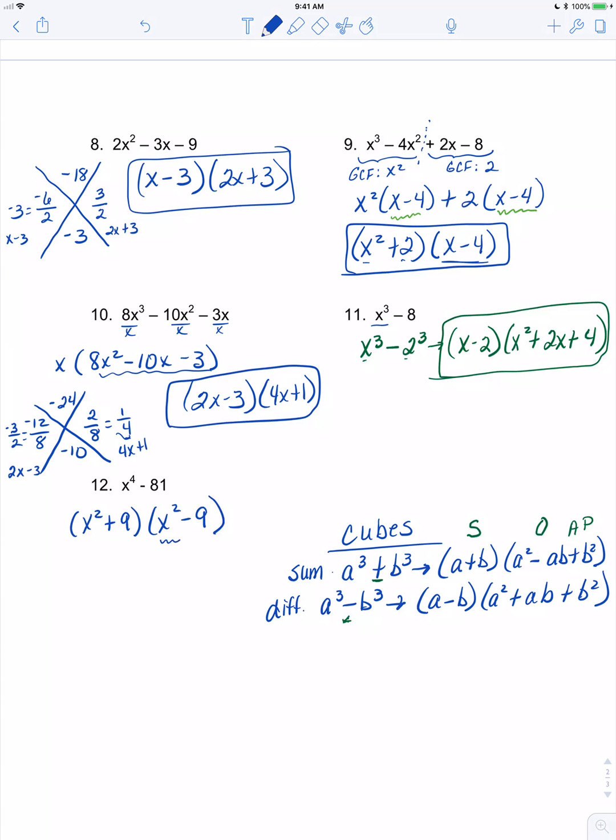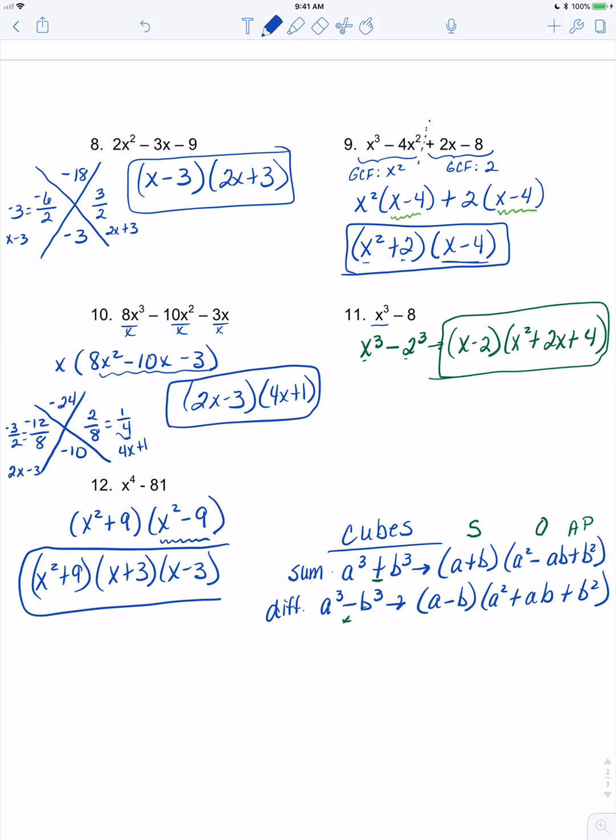Just notice here that we still have x squared minus 9. That can be factored some more because it's still the difference of 2 squares. So we're going to write our x squared plus 9. And then our x squared minus 9 factors into x plus 3 and x minus 3.